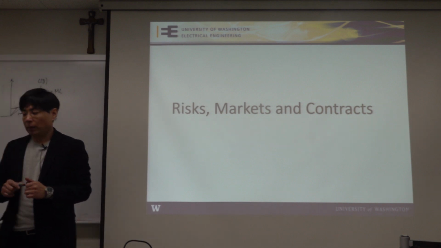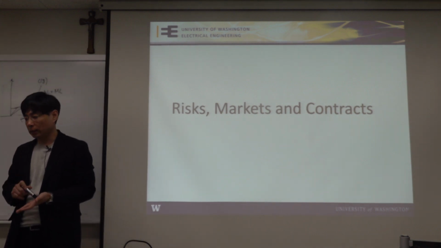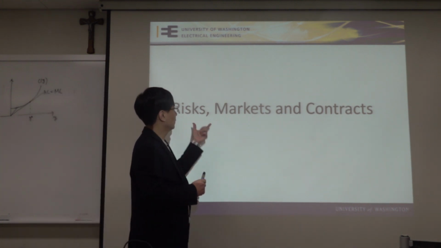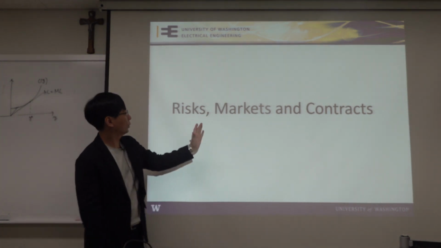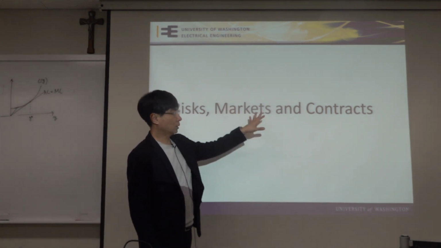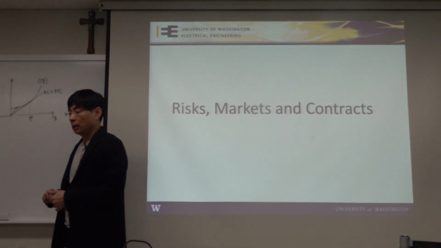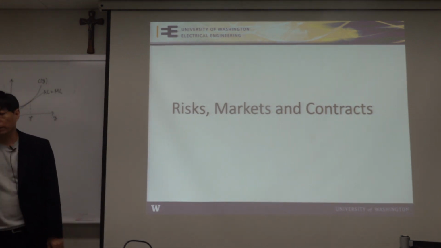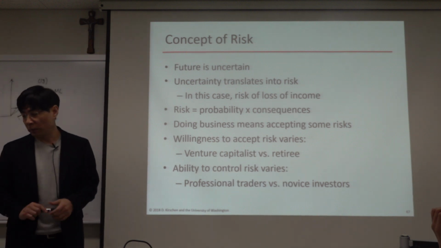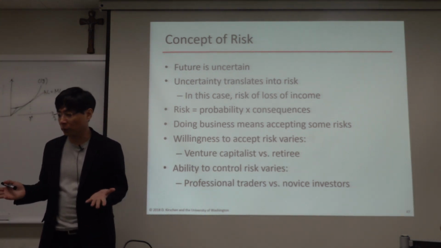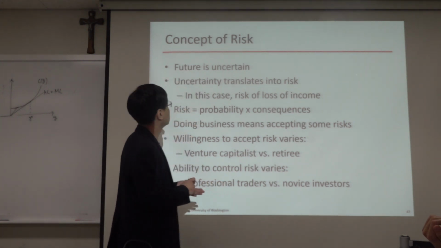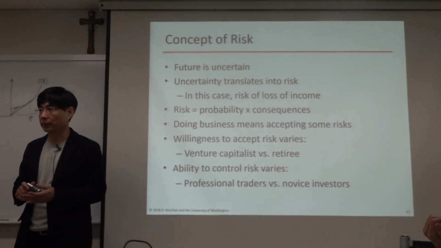The next topic is about risks and markets and contracts. Here I want to explain risk today and keep talking about markets and contracts on Wednesday. What is the meaning of risk? We can think about different types of risk. The origin of risk is that the future is uncertain.